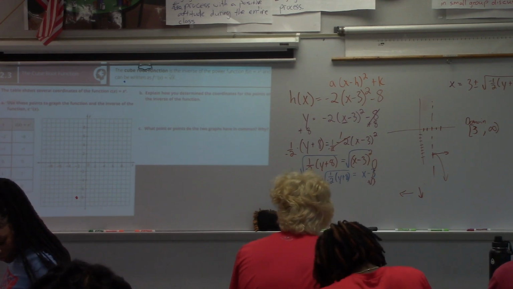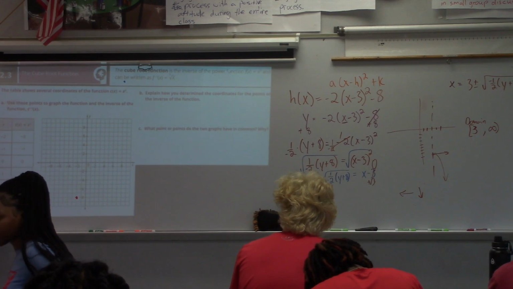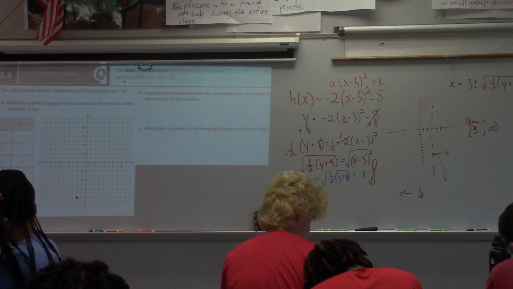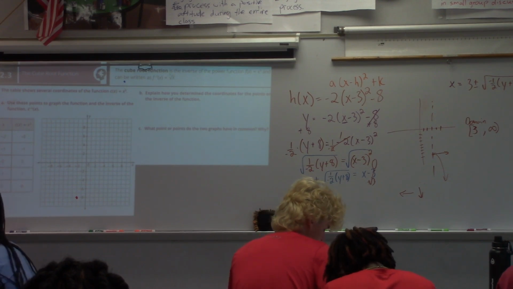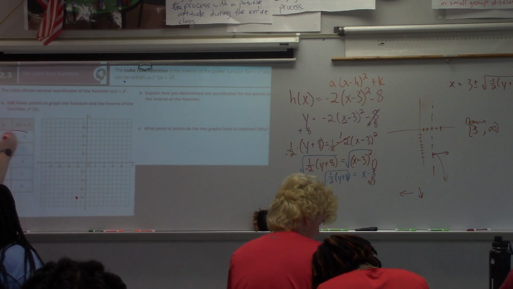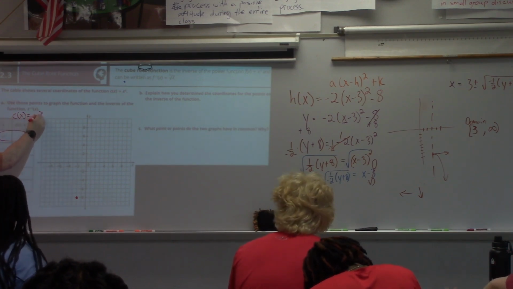Yes, I know it's in the table, but how did they get that in the table? It's not random. How did they get -2, -8 in this table if we're dealing with c of x equals x cubed, a cubic function?